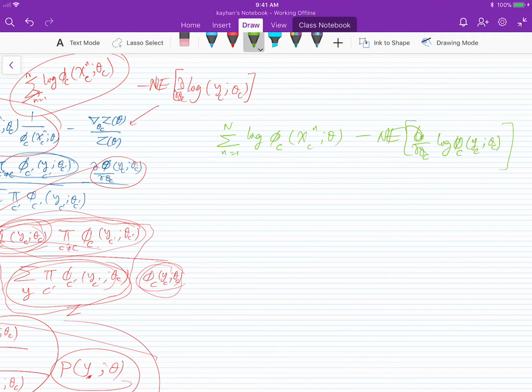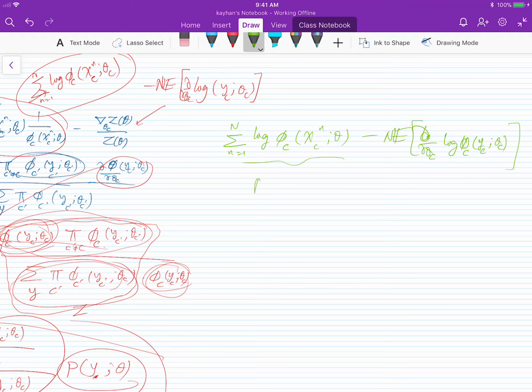N times empirical mean versus n times real mean. This is my gradient.